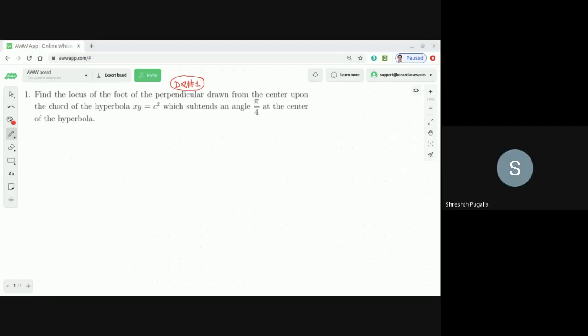Sir, I got x plus y is equal to 0. X plus y equal to 0 is nothing but a straight line, right? I'm not saying that cannot be a locus. That can be a locus, but in context to this question, it is not.